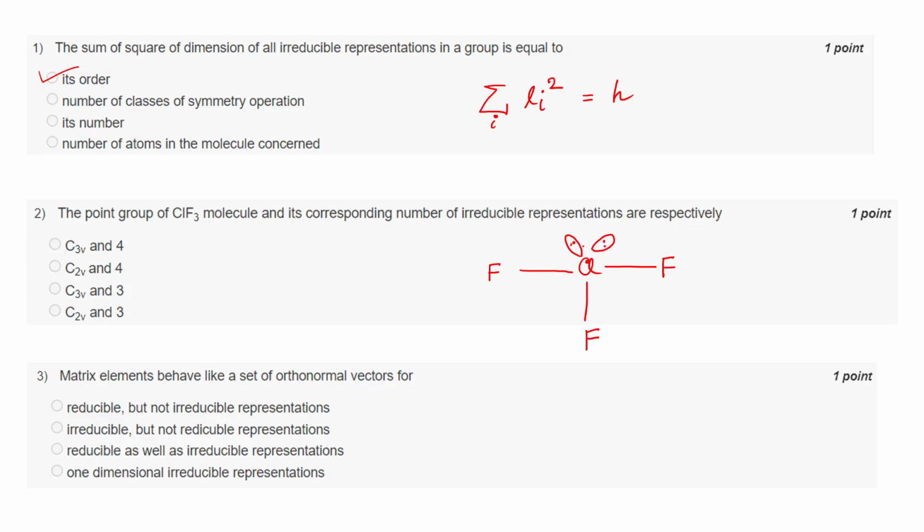This is not actually a planar molecule. These lone pairs are there in two different directions. I have drawn it in a plane, but it is not actually like that. You can think of it as an NH3 molecule. Let me give you that idea only.